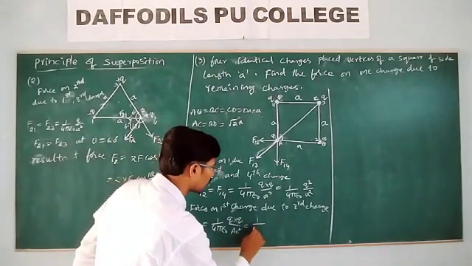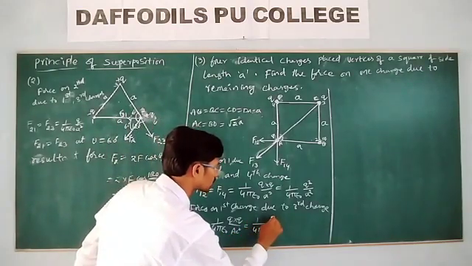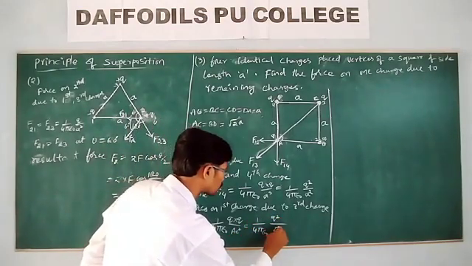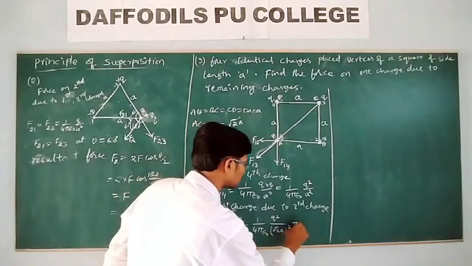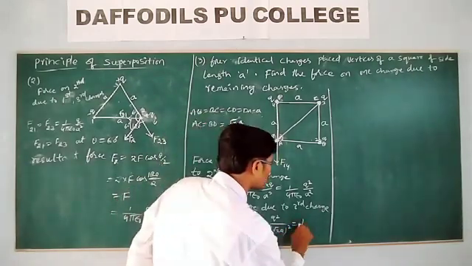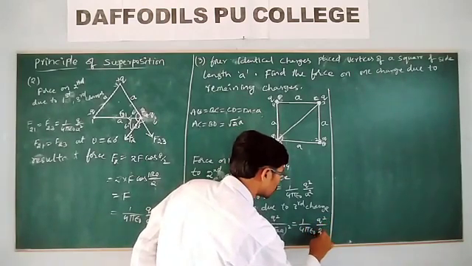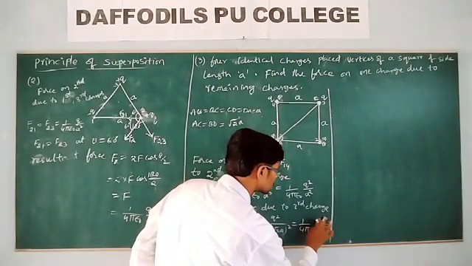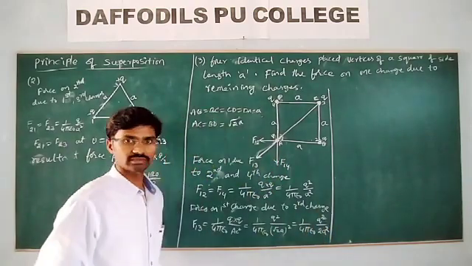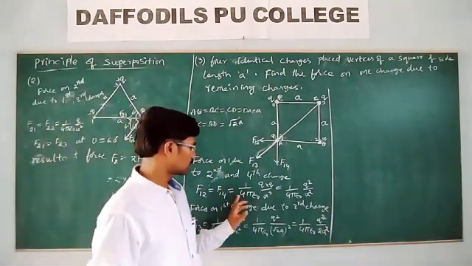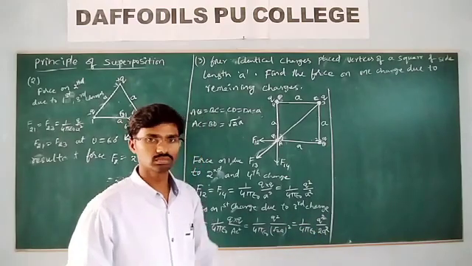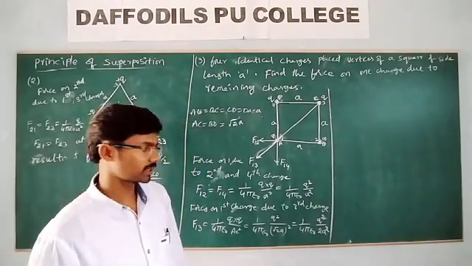That is equal to 1 by 4 pi epsilon naught Q square by root 2A whole square. So what you can write here? 1 by 4 pi epsilon naught Q square by 2A square, which is nothing but F12 by 2.